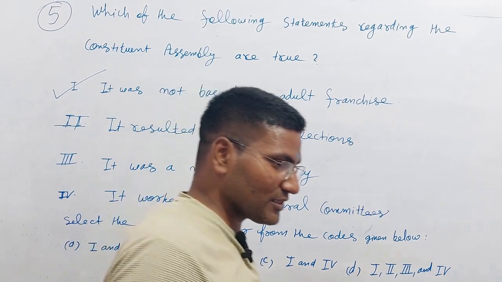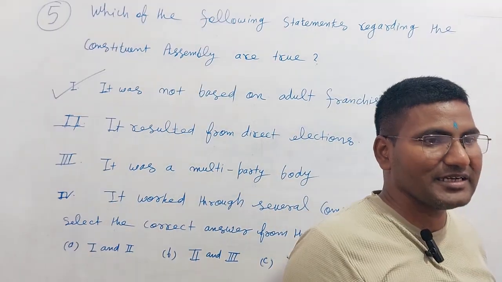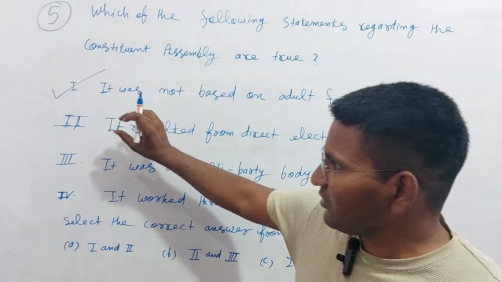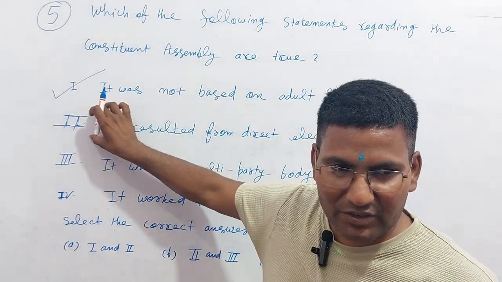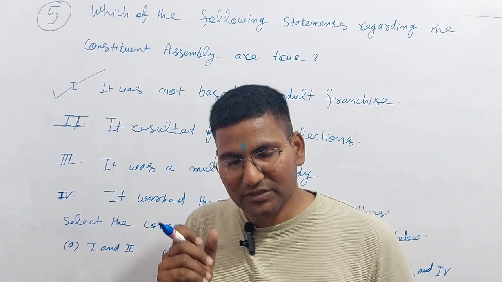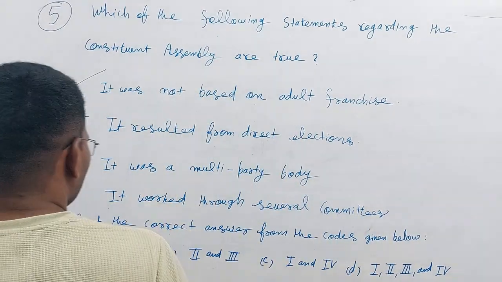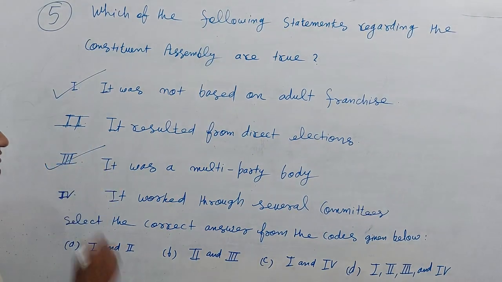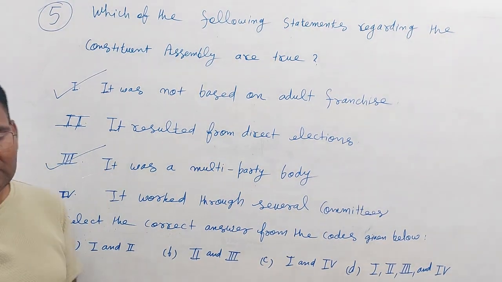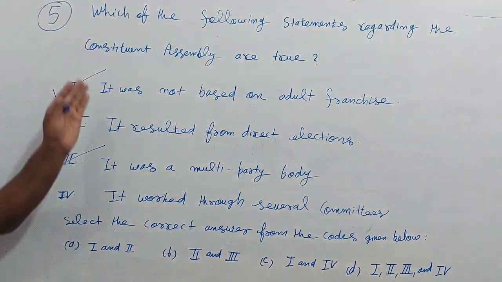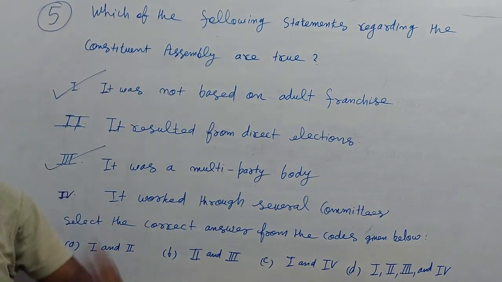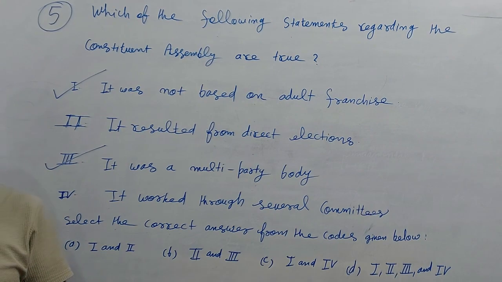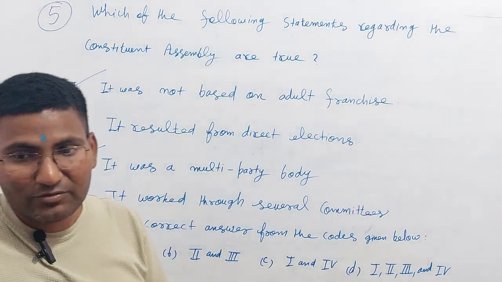You should know what is direct election and what is indirect election. For some time you can skip this option. Now the third option: it was a multi-party body. This is right, because in the Constituent Assembly there were many subcommittees.